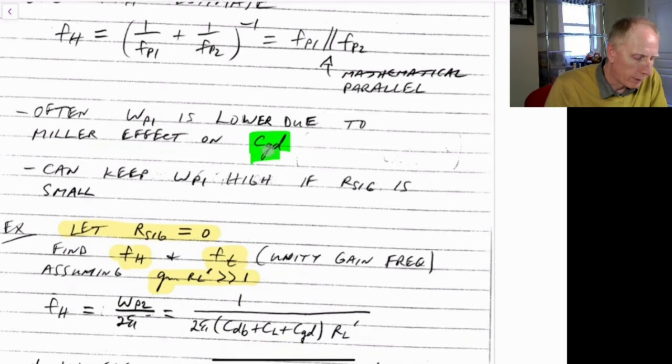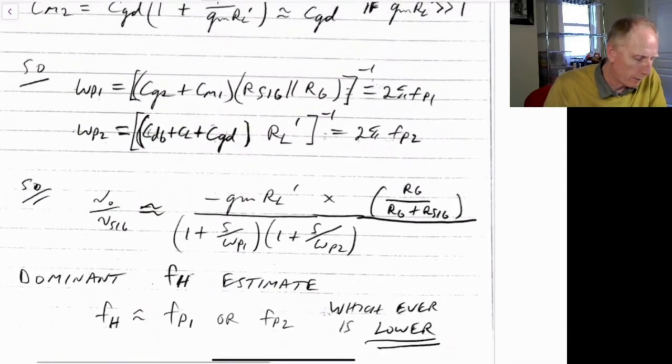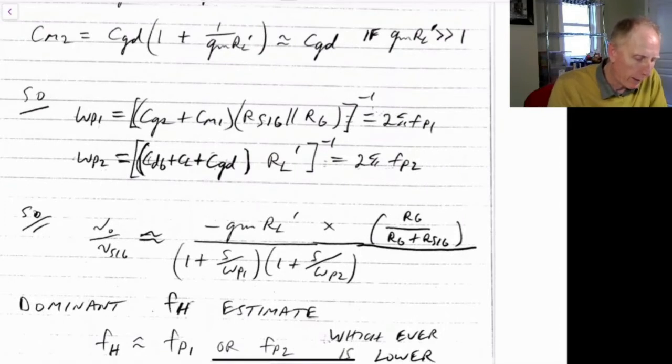One way to try not to have that be the case is you can reduce the gain, but of course that might go against what you're trying to build. So the other way to keep omega P1 high, so as not to have it go too low, is if you can reduce R signal. If you recall, omega P1 was multiplied by R signal in parallel with RG.